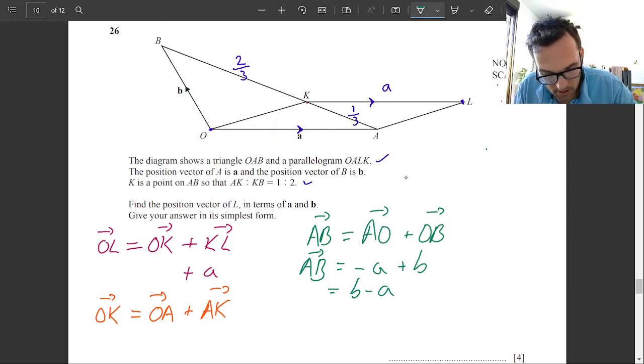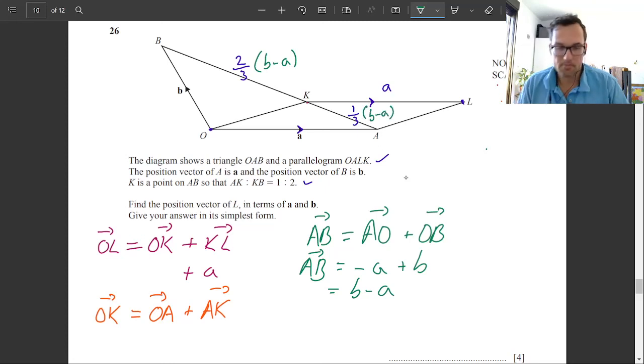The whole thing is B minus A. That means KB is 2/3 of B minus A, and AK is 1/3 of B minus A.